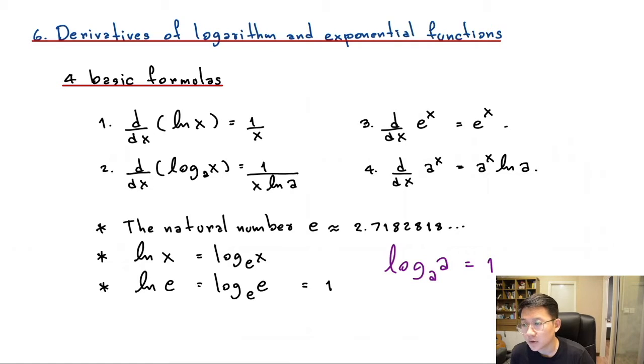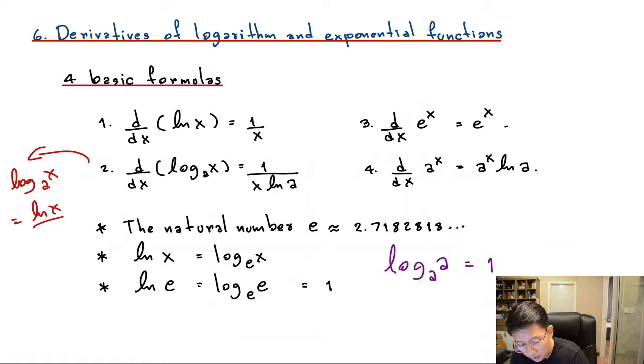The second one is that the derivative of log of x base a, where a is any number, is 1 over x log a. Actually, this one is pretty easy to prove. From high school, you know that log of x base a is log of x divided by log of a.